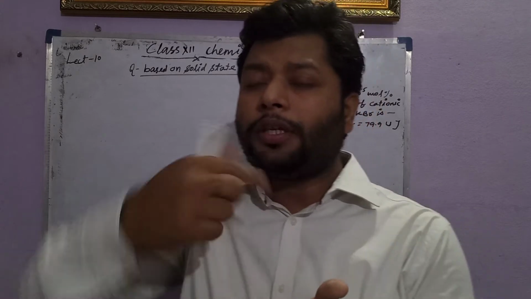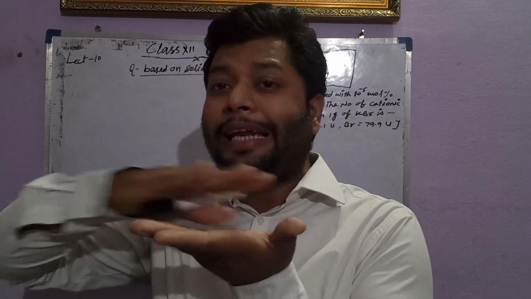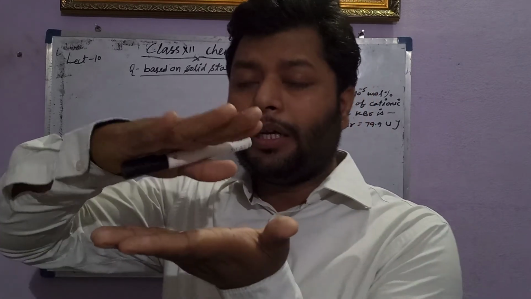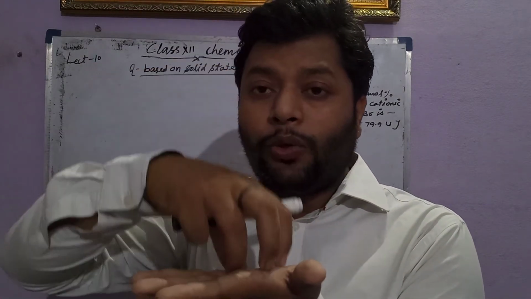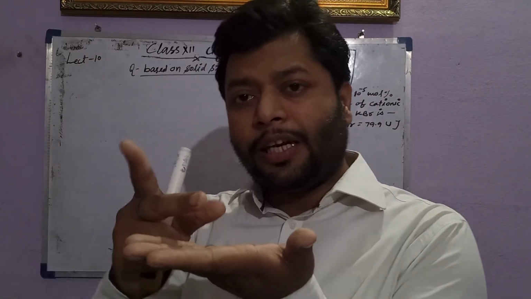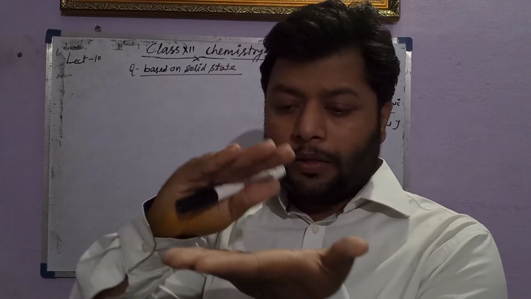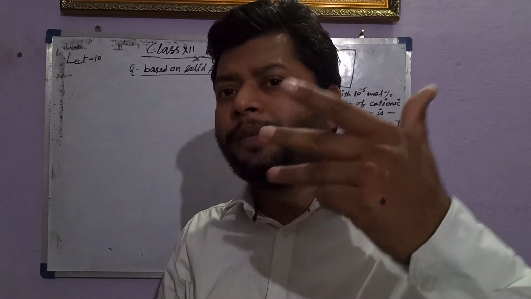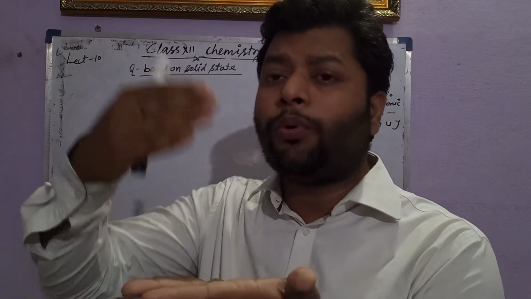When we talk about three-dimensional packing, the next layer is placed over one layer, and always takes a place where the particles actually occupy different positions. Keep in mind that whenever layers are placed over each other in three dimensions, they always take different positions, from the first layer to the second, third and fourth layer.